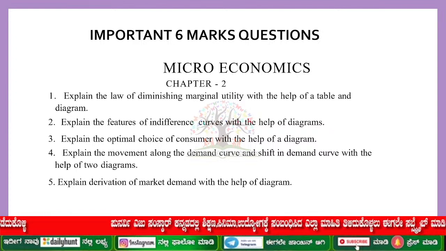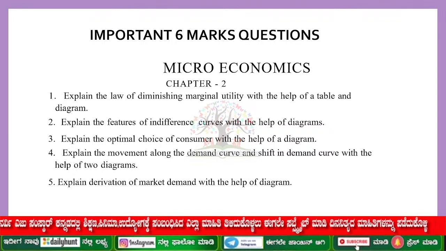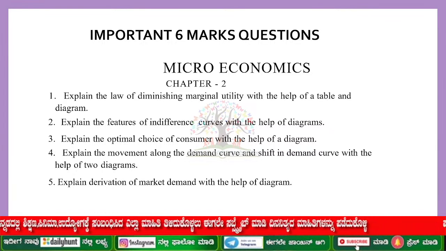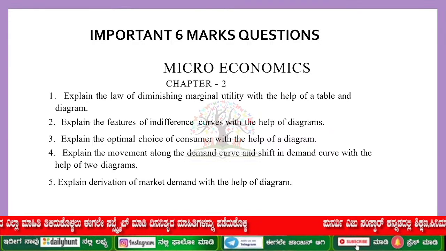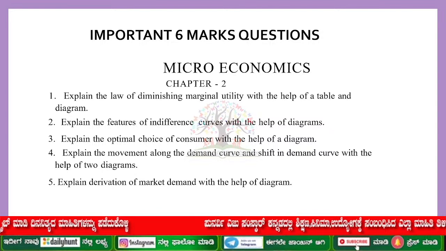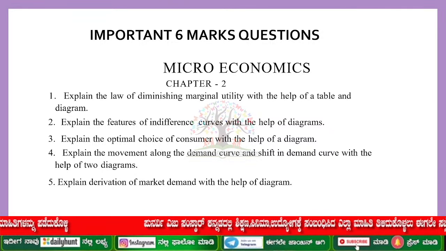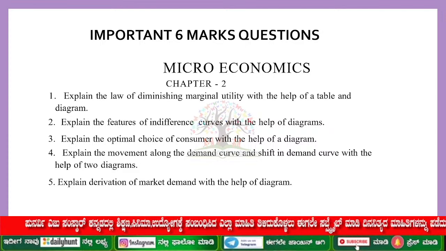That 1 question may be LDMU, or the features of indifference curve, or optimal choice, or movement along the demand curve and shift in demand curve, or derivation of market demand curve with the help of a diagram.